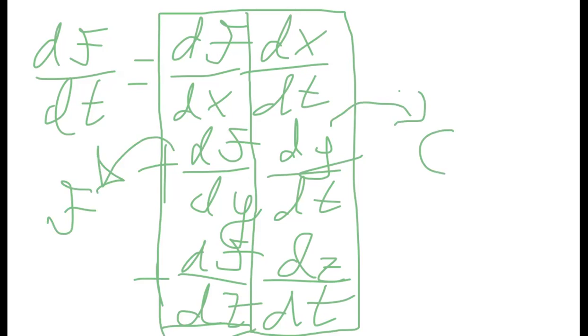Cool. So intuitively, this whole object on the left is what we're looking for. This object on the left combined with this object on the right gives us a way to convert f into a derivative with respect to some arbitrary constraint. And this object on the left is called the gradient.